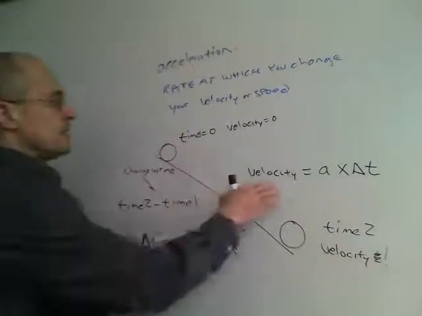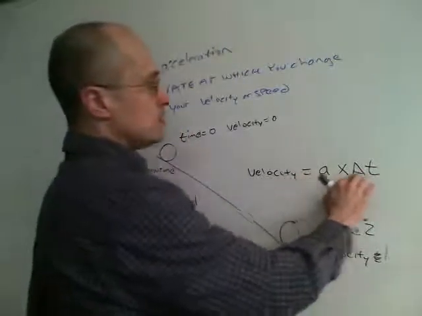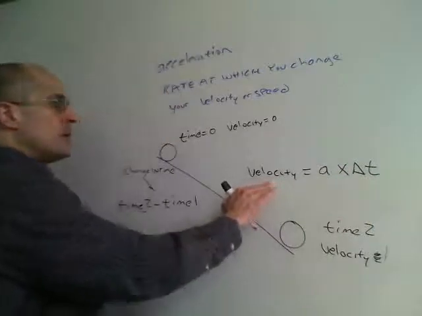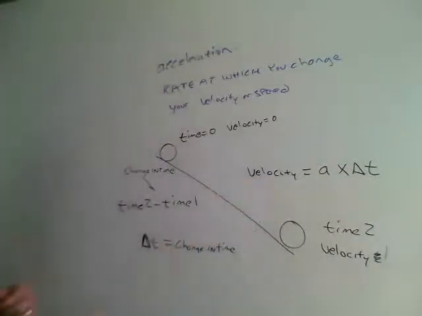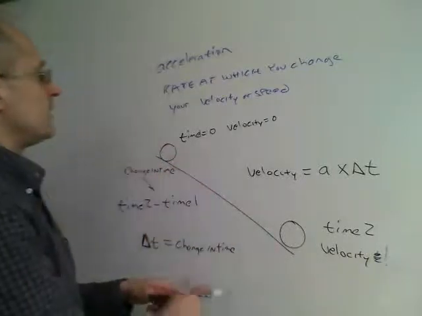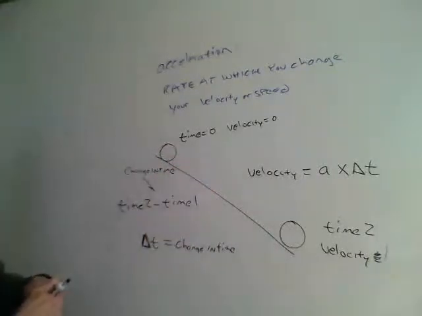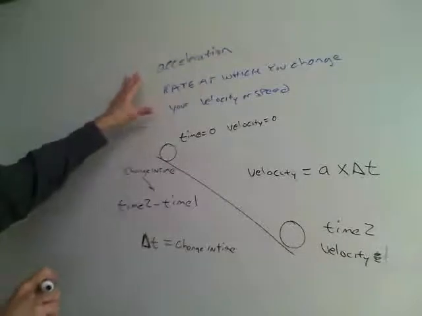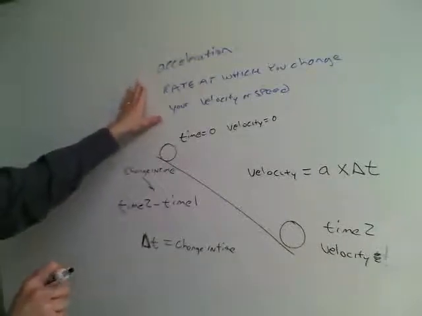The idea is that you apply your acceleration for some amount of time and you get your new velocity. That's essentially what happened when Galileo was rolling his ball down the hill. So remember, acceleration is the rate at which you change your velocity or speed.